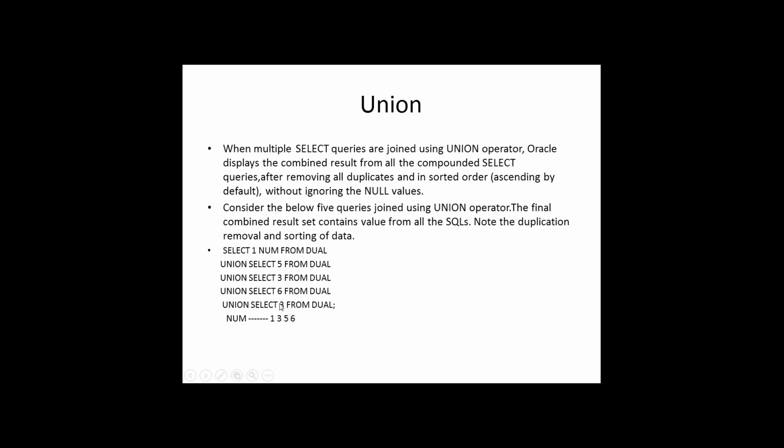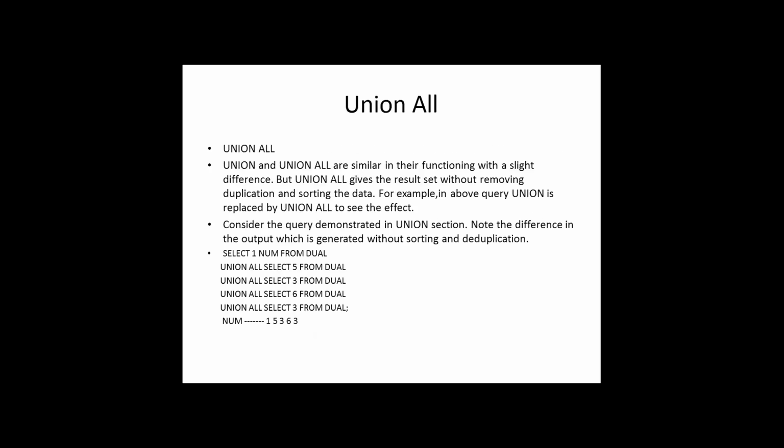If two records have a common value, union will eliminate the duplicate. If it is the same record, it will eliminate one of them and put only one 3 and just get the results. So that's about the union.